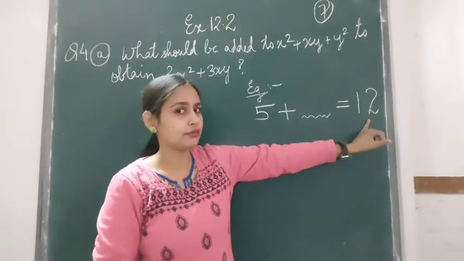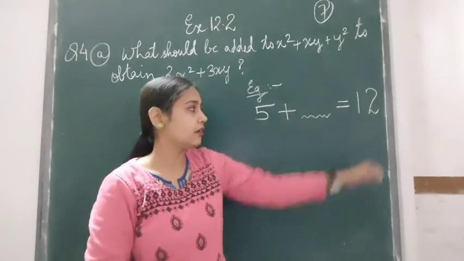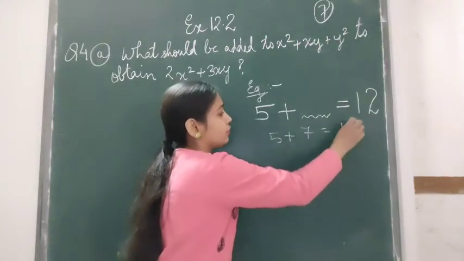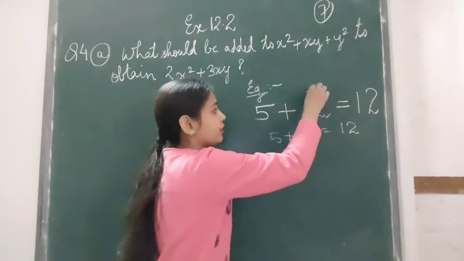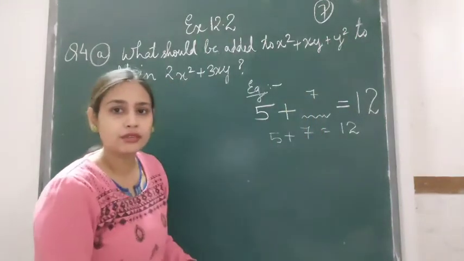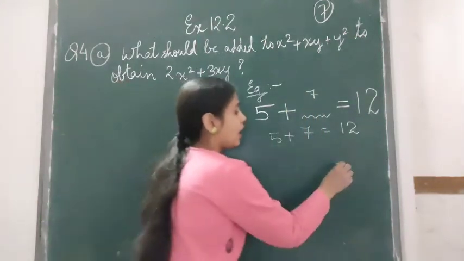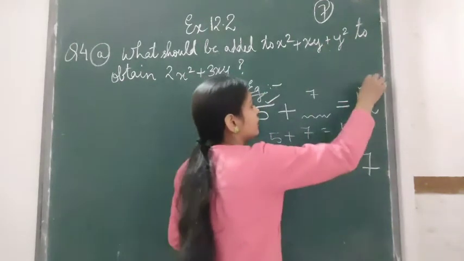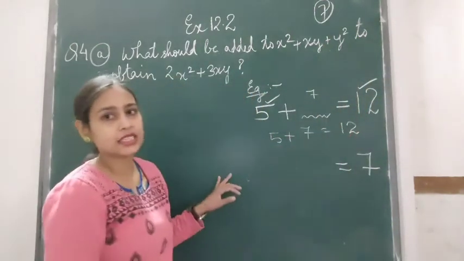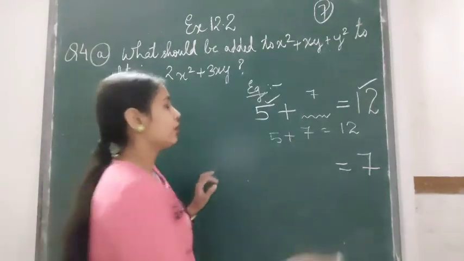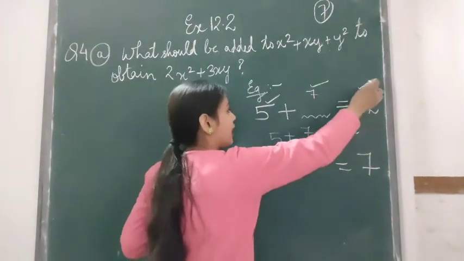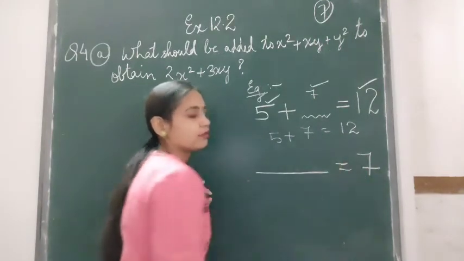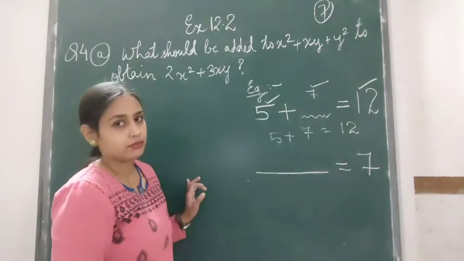What should you add? How to get that? Obviously 5 plus 7 will give you 12. That means 7 should come here, right? Now how to get this 7 as your answer? With these addition and subtraction facts, if we use 5, 7 and 12, what should you do so that your answer comes out to be 7?